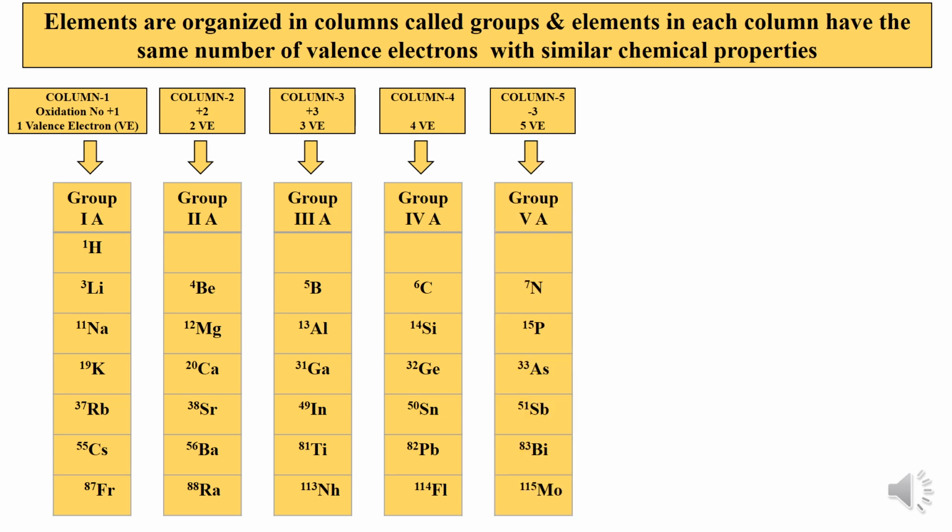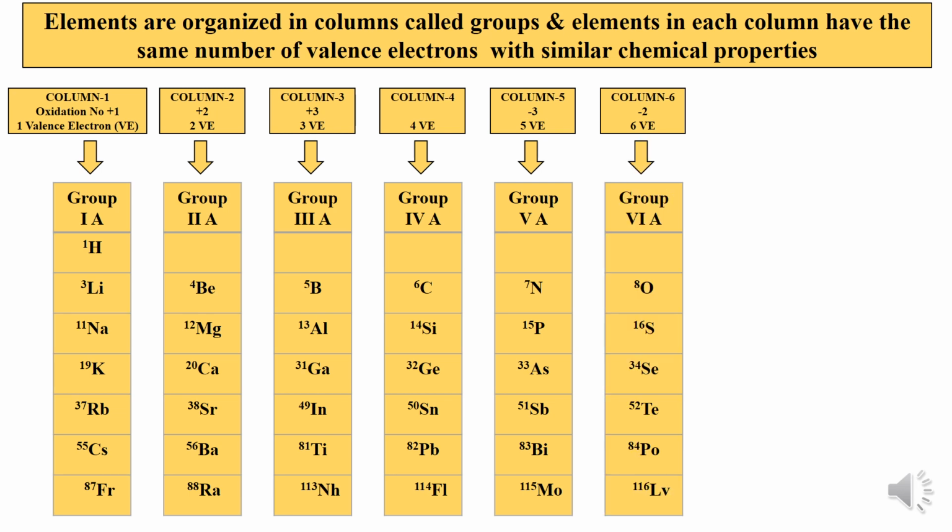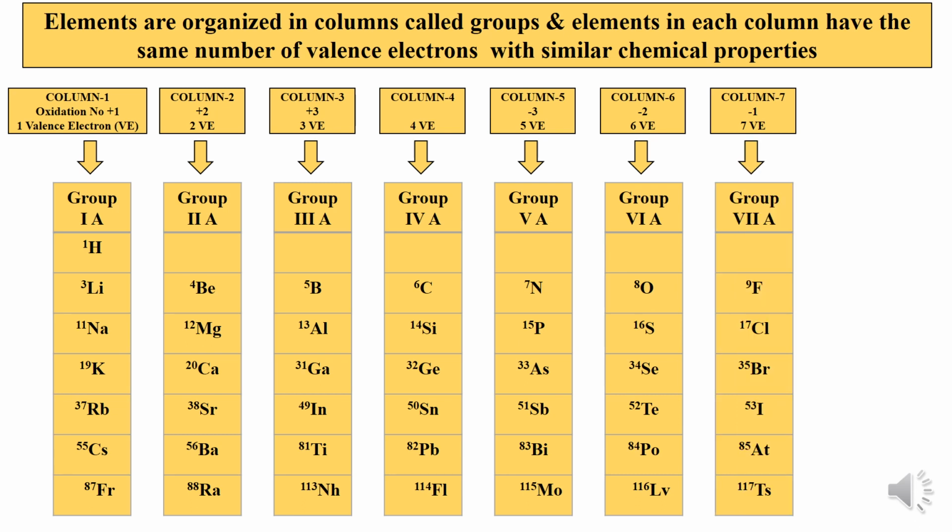In column 5, you will find group 5 elements with 5 valence electrons and with oxidation number of -3. In column 6, you will find group 6 elements with 6 valence electrons and oxidation number of -2. In column 7, you will find group 7 elements with 7 valence electrons and with oxidation number of -1.